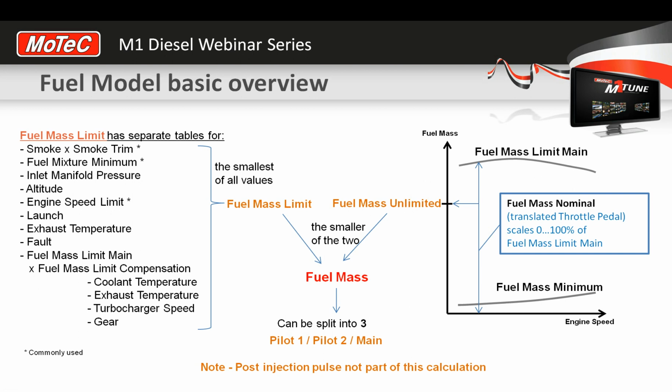That engine will run and idle at lambda 10, it'll run down the road at lambda 5, lambda 3, lambda 2, lambda 1, and it'll even run at lambda 0.6. It'll just be smoking. But either way, the fuel will be proportional to the pedal, and it's as simple as that.